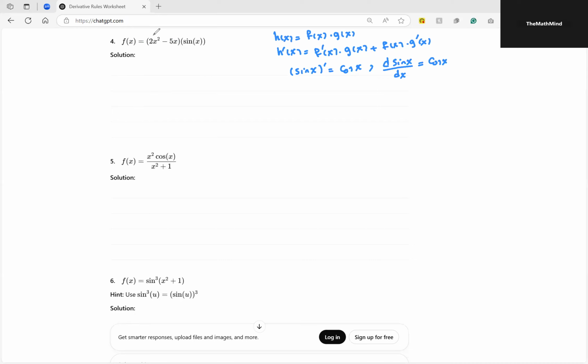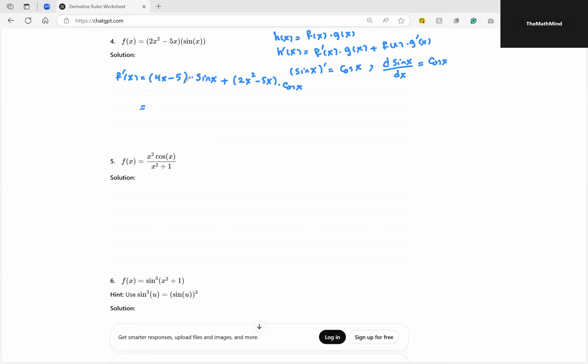Now we have the multiplication of two functions. So f prime here is the derivative of the first function. We are using the power rule. It is 4x minus 5 multiplied by the second function plus the first function 2x squared minus 5x times cosine x.